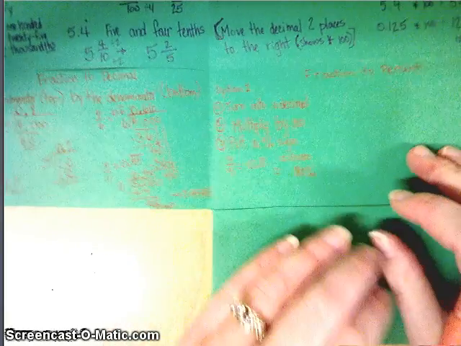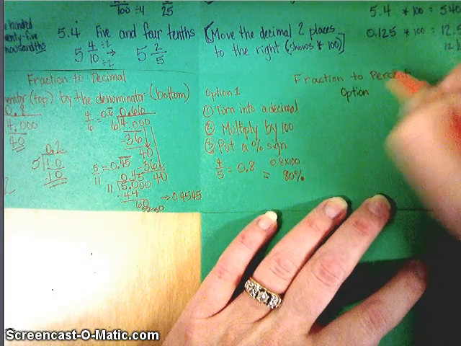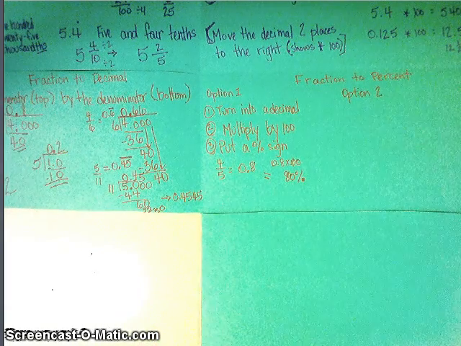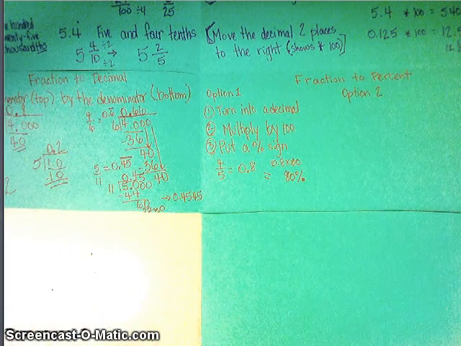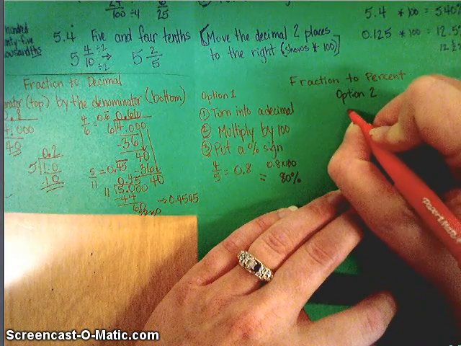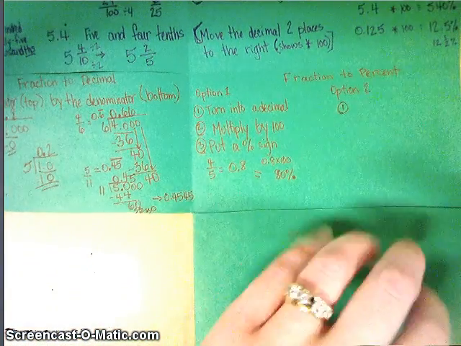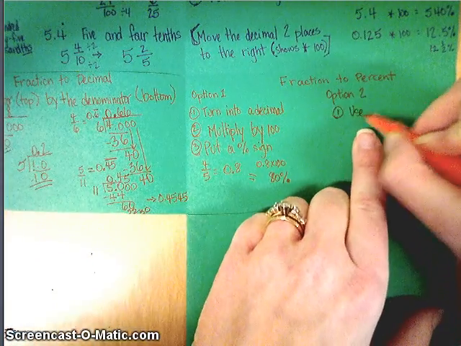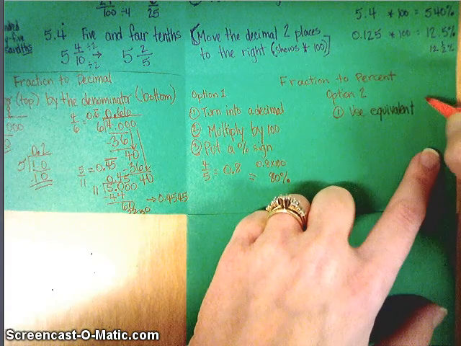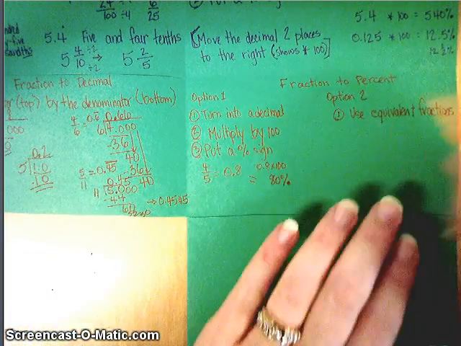That's one option. A second option, and it's just good to have these options in your math tool belt, because sometimes one option is going to work better than the other. Your second option is to use equivalent fractions. So if you're familiar with how equivalent fractions work, this would be a great option for you.